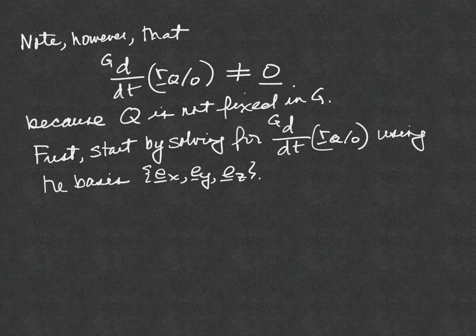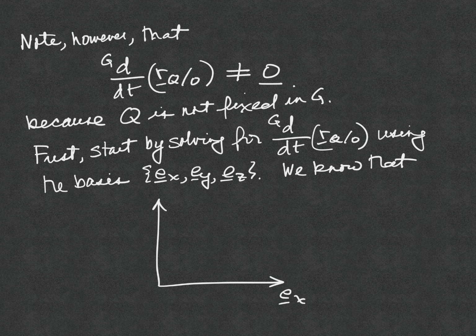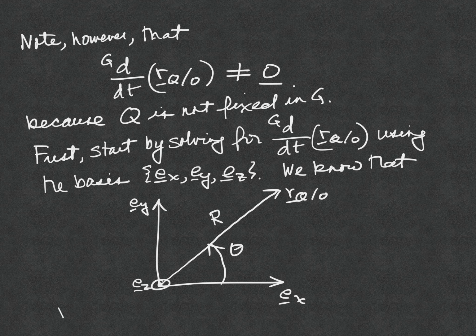So first, we know that the picture would look as follows. We have EX, EY, and we have this position of Q relative to O. And then we have this angle theta, and this distance here is R. So from this information, we know that the position of Q relative to O has two components.